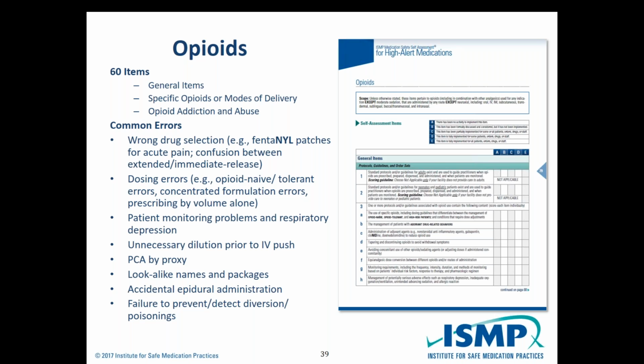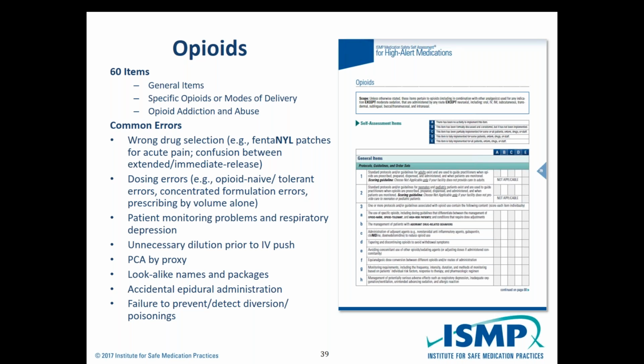And then the last section is on opioids that I'm going to go over. And again, this is another lengthy section. It actually has 60 items, and we know that, again, opioids are usually at the top of the list when we see adverse drug events, adverse reactions even with medications.